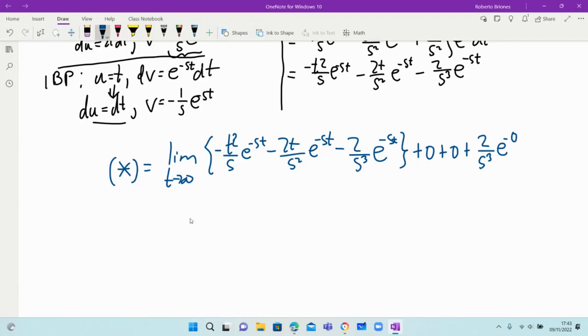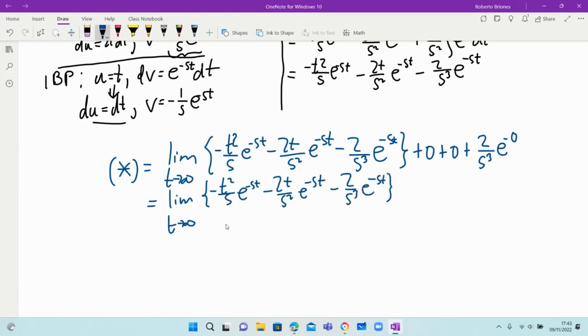And this is equal to the limit as t goes to infinity of still the same expression, so negative t squared over s e to the negative st, minus 2t over s squared e to the negative st, minus 2 over s cubed e to the negative st, and then here we have plus 2 over s cubed.